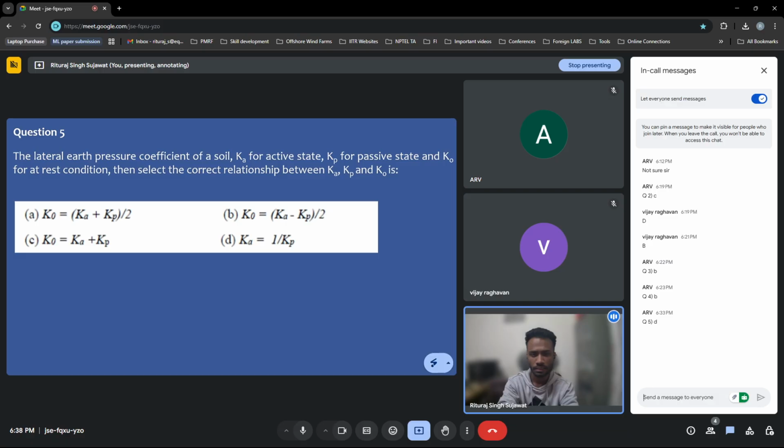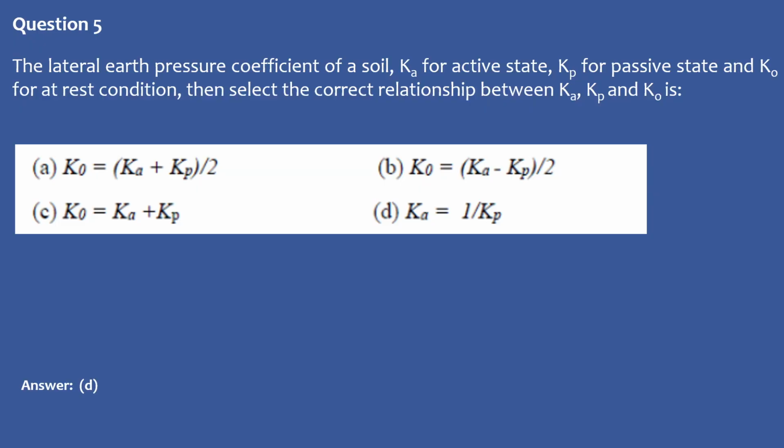Let's check the answer. I guess it's pretty clear. The answer is D. K0 is usually the lateral pressure coefficient at rest, but Ka is related to 1 minus sin phi upon 1 plus sin phi, and then Kp is 1 plus sin phi upon 1 minus sin phi.